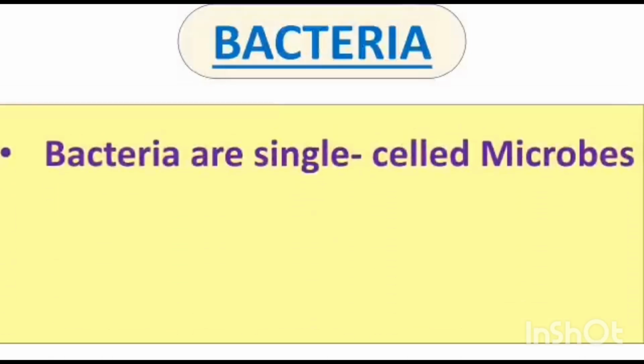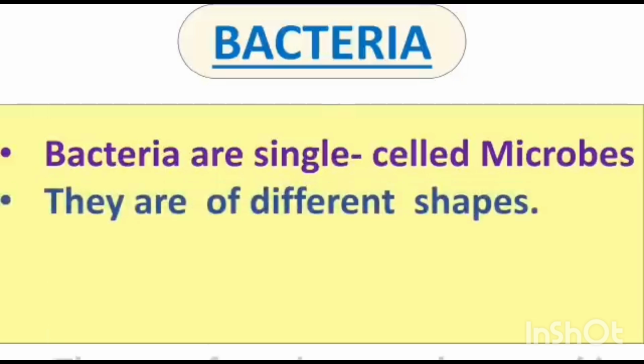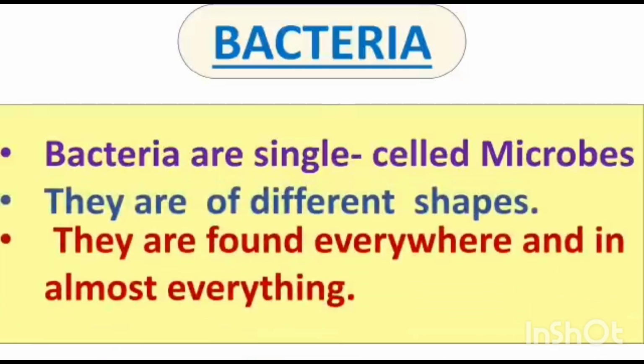Do you know, kids, the fact about bacteria? Bacteria were among the first life forms to appear on the earth. Bacteria are single-celled microbes. They are of different shapes. They are found everywhere and in almost everything.